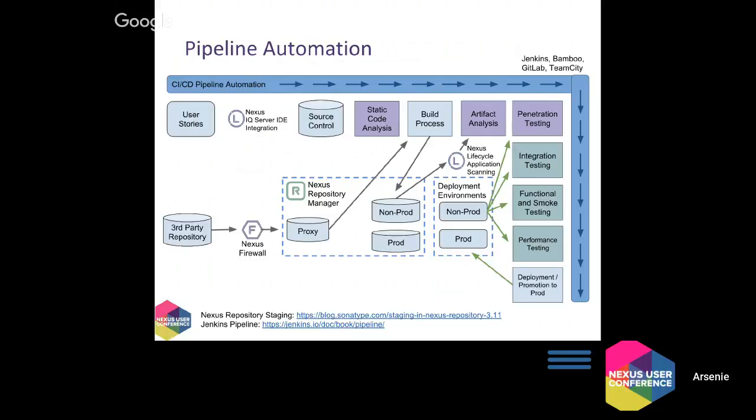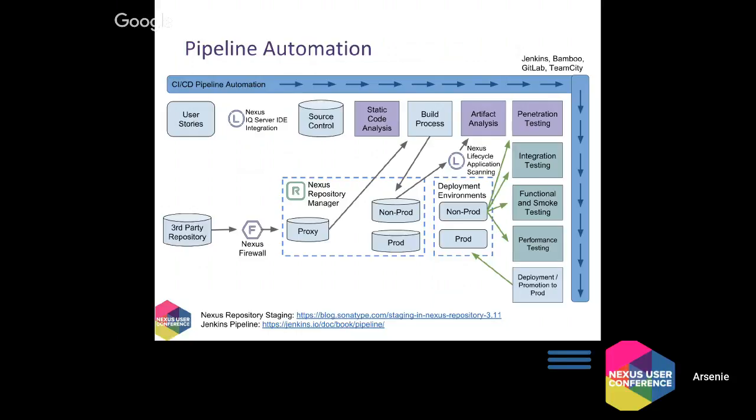All of those things on the right, integration testing, functional and smoke testing, and performance testing, I have in a different color because generally those will be heavily dependent on the application that you're building. They will differ from application to application.